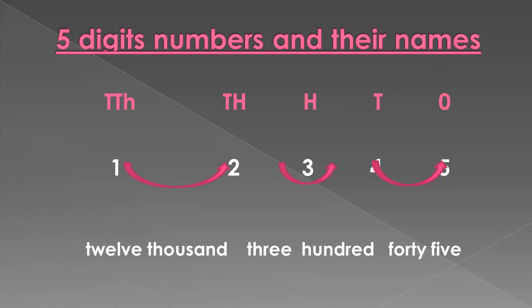That is 100. And the third part comes from the 10 and 1 places taken together. So 4 and 5, 45. We can name 5-digit numbers in similar manner.